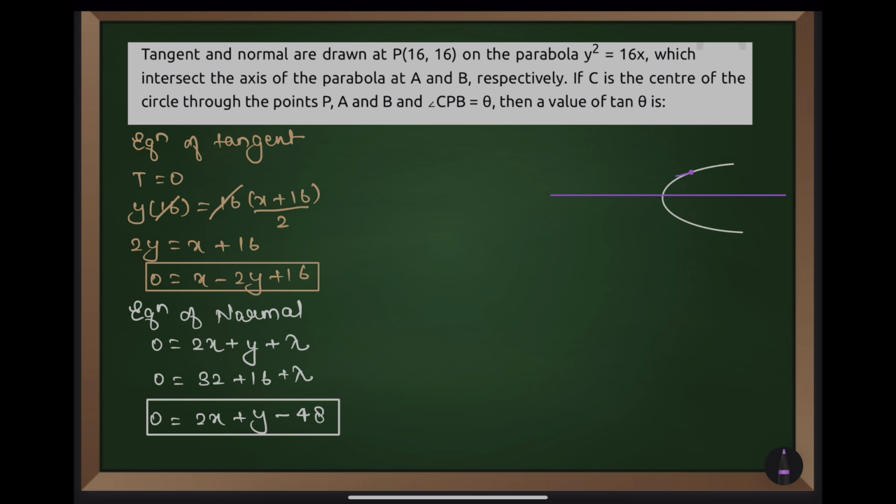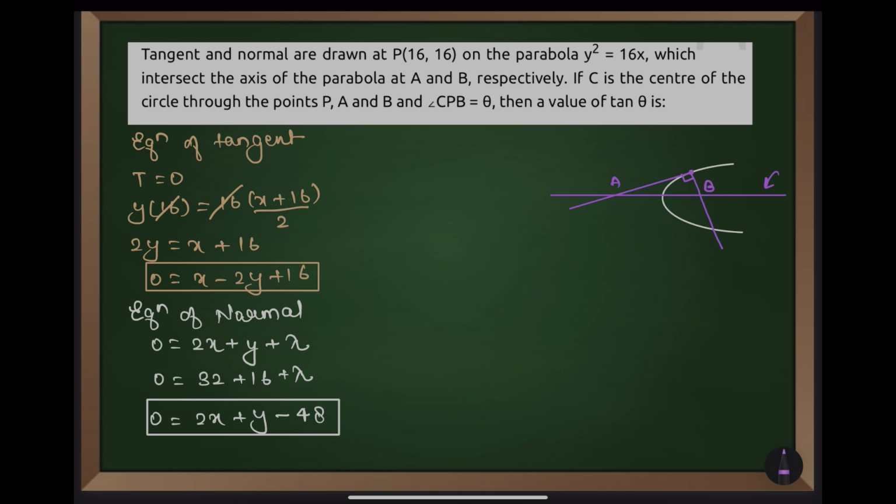If you drop the tangent over here and the normal over here, tangent and normal are perpendicular, so they intersect the axis of the parabola at A and B. So hopefully you have to find point A. It is symmetric about the x-axis. X-axis means what? Y equals 0.